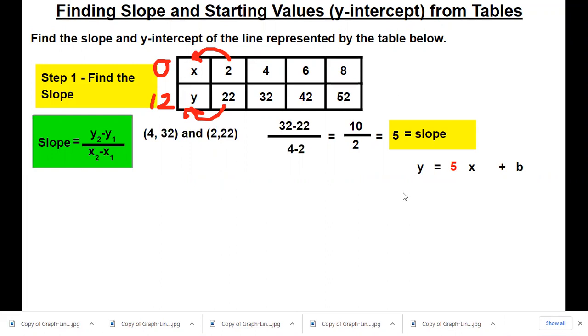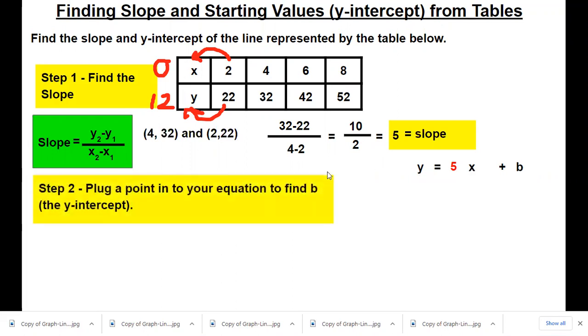Okay, now we have to figure out what b is. Well, we can pick any point in this table and plug it in for x and for y. So that's step 2. Plug a point in your equation to find b. So I'm using the point (2, 22). So 2 is my x, 22 is my y, and now I solve. So I do 5 times 2 first, that's 10.